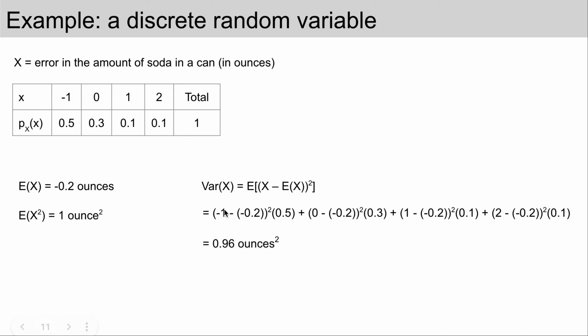Correspondingly, we observed a squared difference between x equals negative 1 and the mean, negative 0.2, with probability 0.5. Similarly, x equals 0 with probability 0.3. Thus, we observed a squared difference between x equals 0 and its mean, negative 0.2, with probability 0.3. The result is the same as before. X has a variance of 0.96 squared ounces.